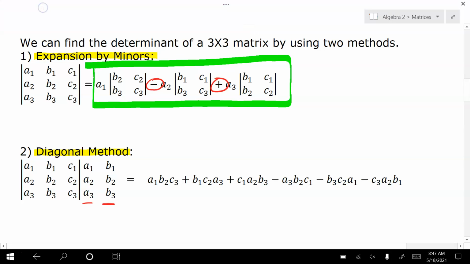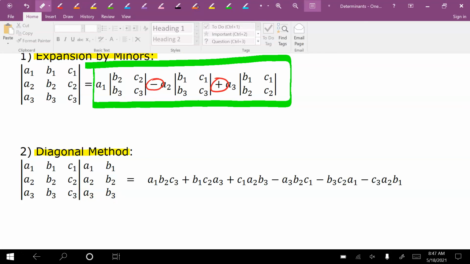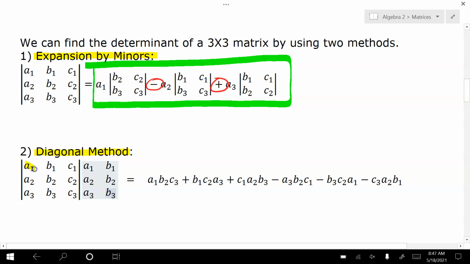So then we look at our diagonals. The diagonals are going to be A1, B2, C3, B1, C2, A3, and C1, A2, B3. What I just highlighted there in yellow is one set of diagonals, and that's what they have written down first. All of these 3 right here with the plus signs, that's the first set of diagonals.